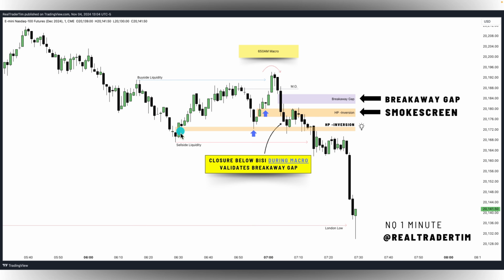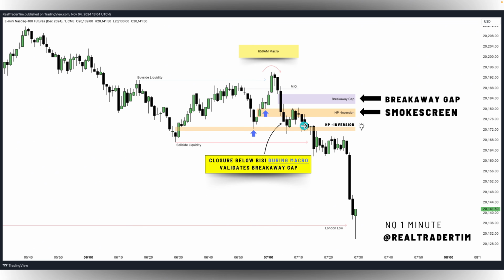So you can see this BISI here was utilized during the macro to not only engineer liquidity short of this lower time frame liquidity, and of course by extension this London low, but it was utilized to propel us higher while the manipulation phase was taking place. The same logic as we utilized with this BISI here. So once we close below it, any retracements back up into that BISI, I want to see price reject from.